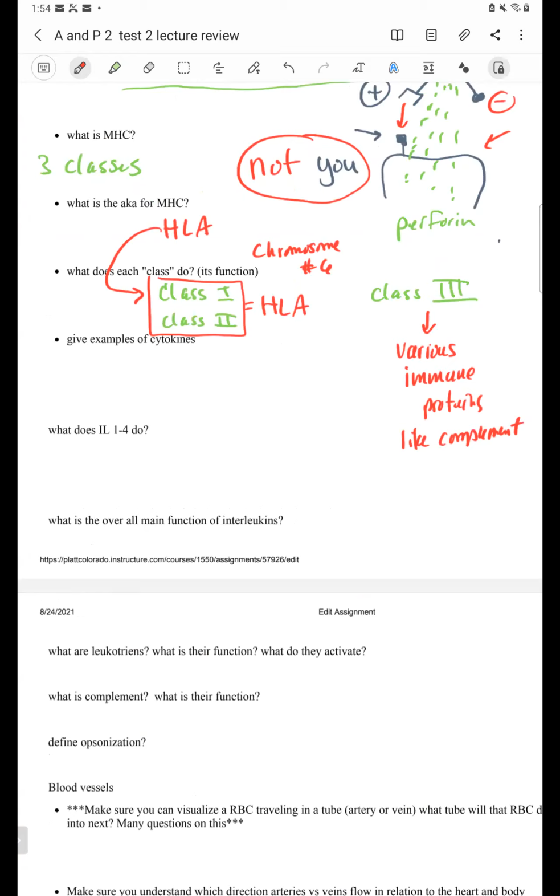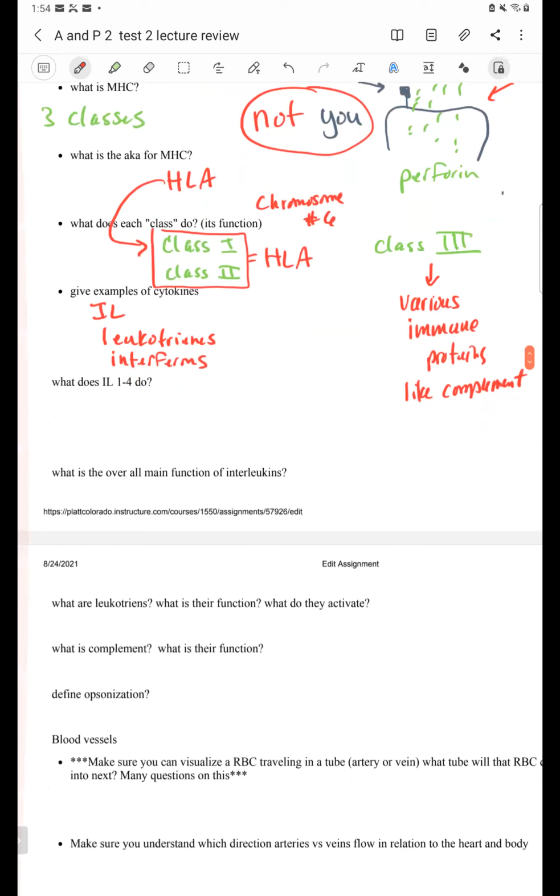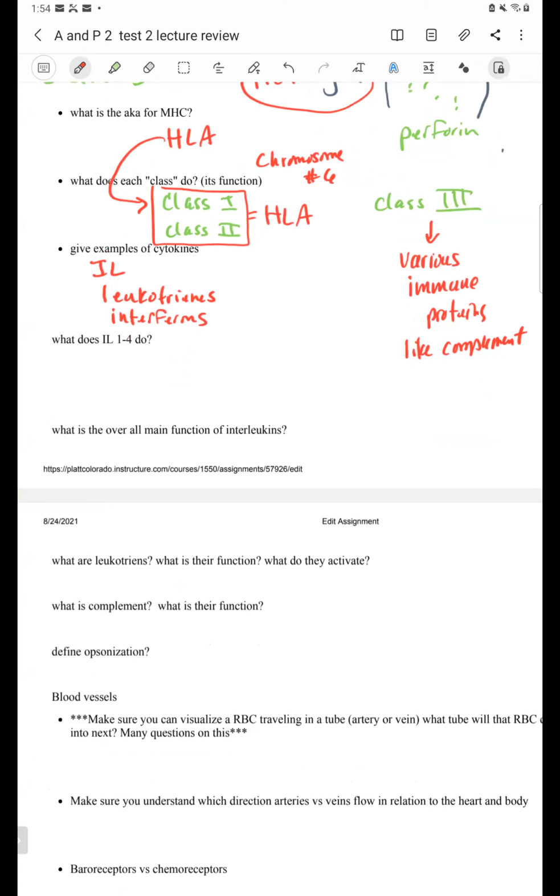Okay, cytokines are your interleukins, your leukotrienes, and your interferons. Interleukin 1 will do things like tell the B cells to proliferate.